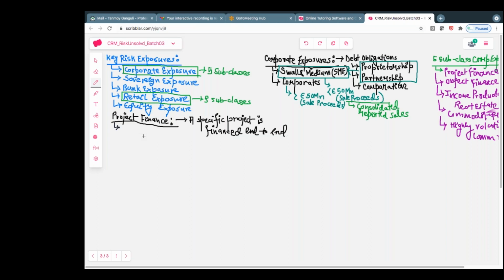Okay, so first of all, the first question that we have over here is, what is project finance? So what happens over here? Okay, so this is a method of funding, right?